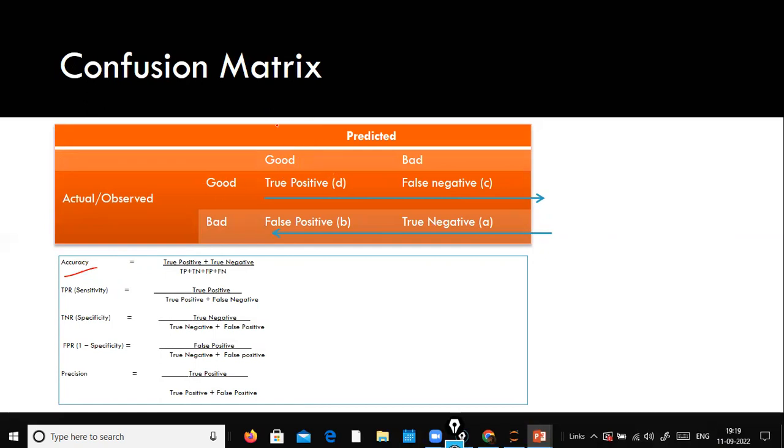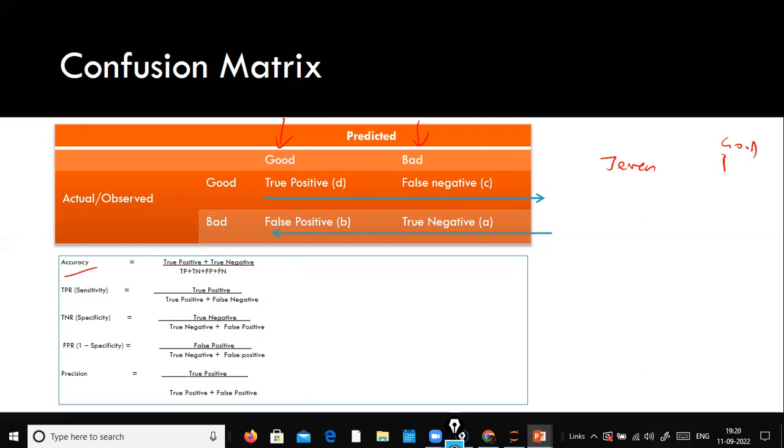This is the predicted value, let's say your model's predicted outcome, and this is the actual data. Let's say in your Excel data you have Jivanandam, who is a profitable customer, which means good. If it is 0, he is not a profitable customer, he's a bad customer.